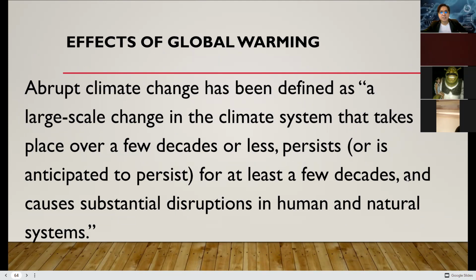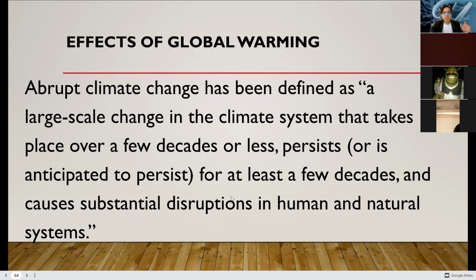Effects of global warming. Abrupt climate change has been defined as a large-scale change in the climate system that takes place over a few decades or less, for at least a few decades, and causes substantial disruptions in human and natural systems. Abrupt change of climatic condition can lead to what?